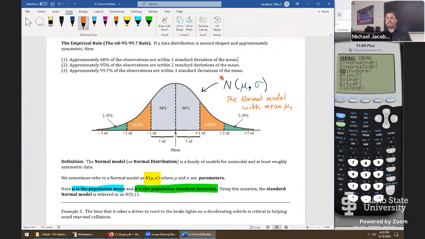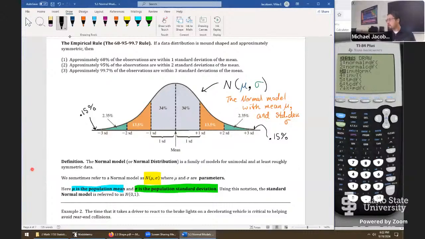If we're using mu, we're talking about modeling the population with that entire value, and standard deviation sigma. Oh, by the way, we might as well add on this diagram here 0.15%. It's just handy to have it, 0.15% here as well. So I won't use that shortcut all the time, but it's a handy one to be aware of. Our author uses it a lot as well.